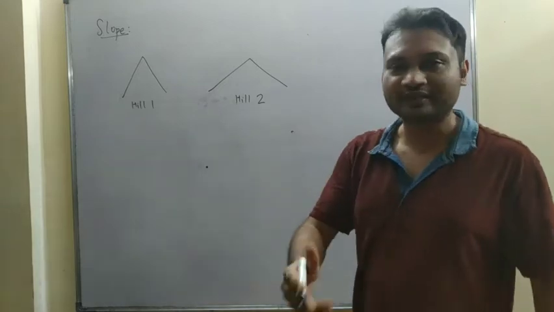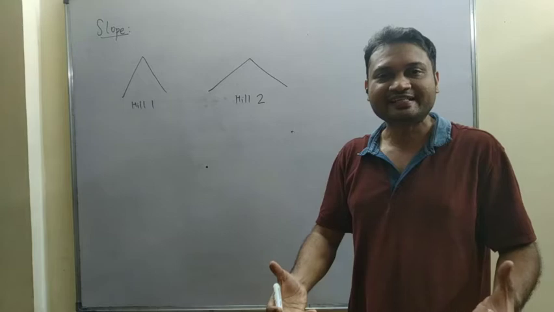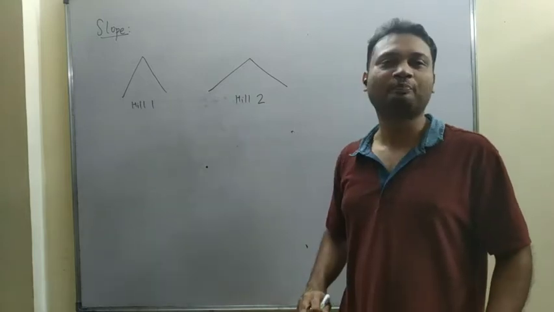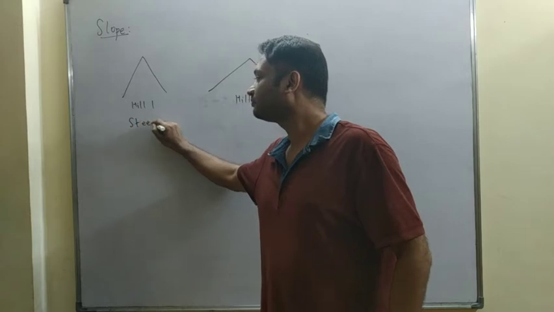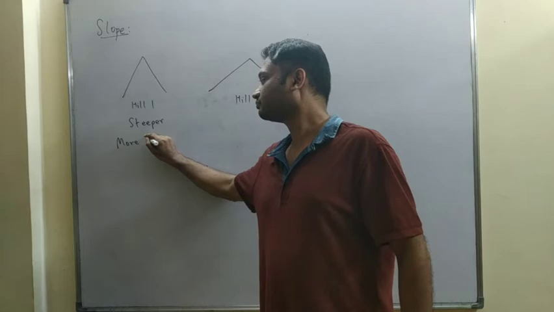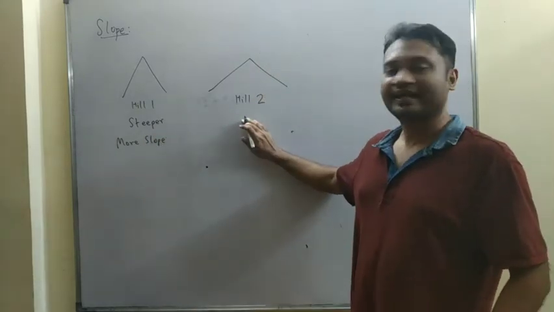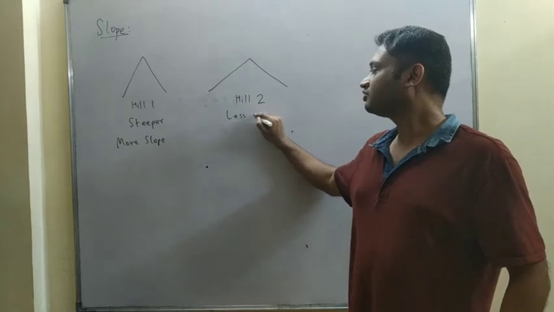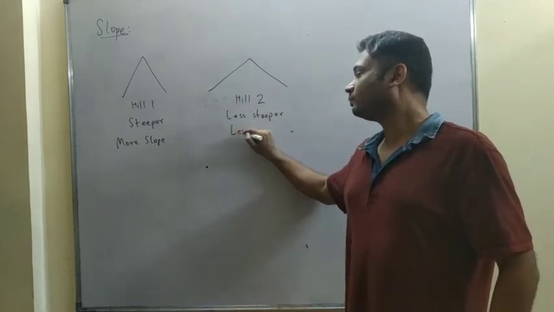Suppose we have 2 hills, hill 1 and hill 2. Which of these hills has more slope? Of course, hill 1 is steeper, so it will have more slope. Whereas hill 2 is less steep, so it will have less slope.